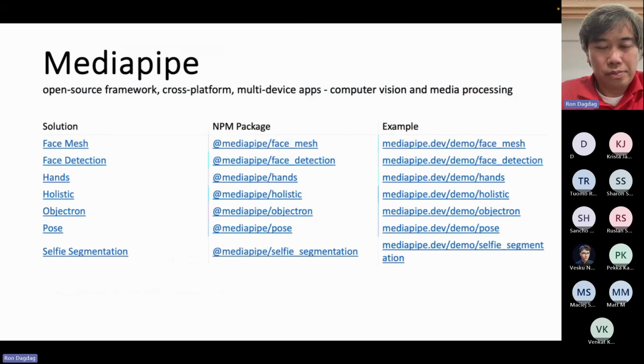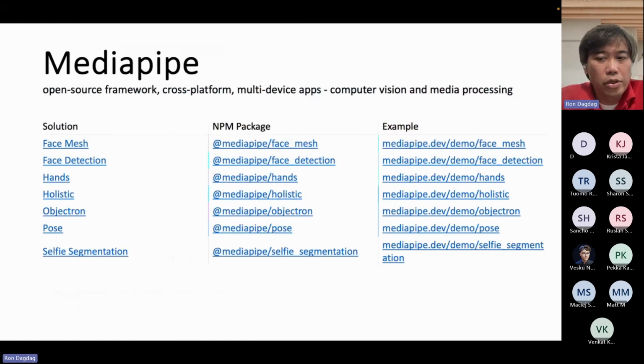Okay, so I also want to talk about MediaPipe. It's not necessarily part of WebXR, but it also allows you to have AR or computer vision or media processing in JavaScript. If you just need a face mesh, face detection, hand detection, or pose detection, there's an npm package that you can integrate into your application.